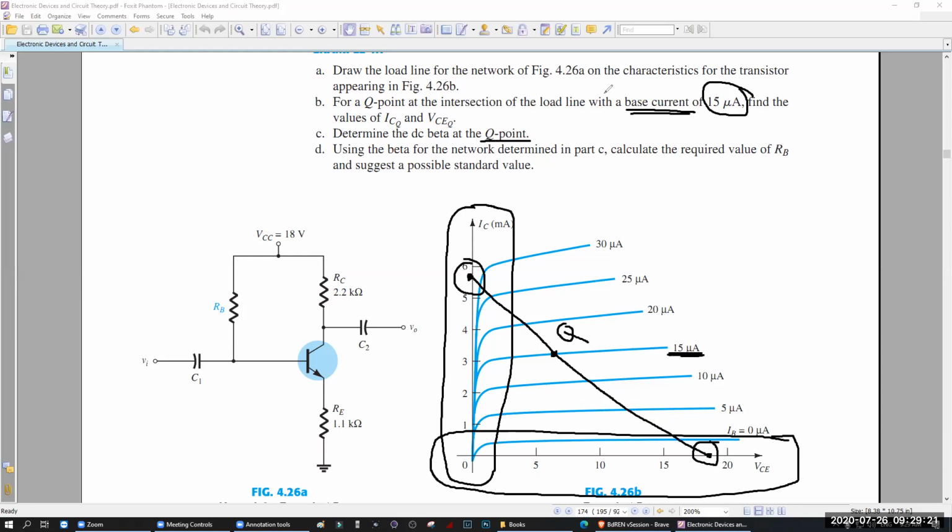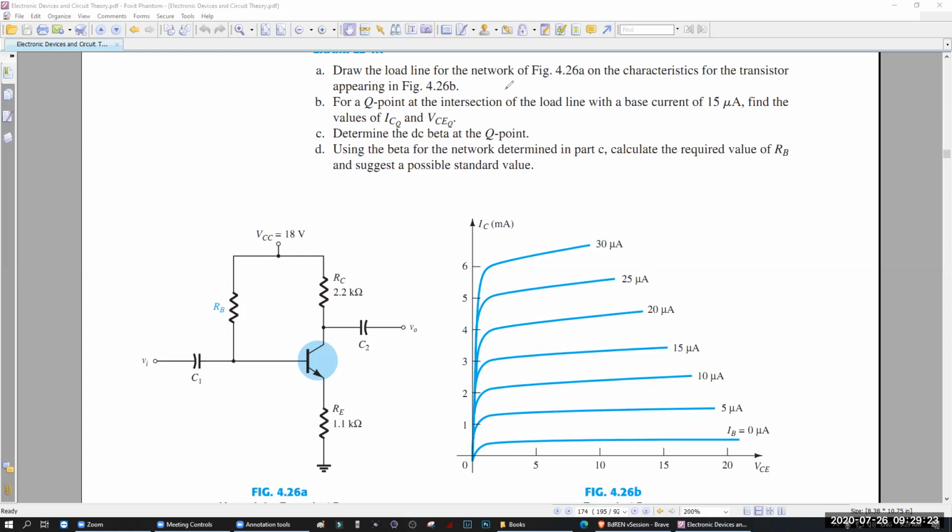Okay, how to do that? Let's see. To find that, remember you have to find an equation that has an IC and VCE at the same time. What is that equation? Remember that equation is this one actually. If we apply a KVL here, that equation will have an IC and will have a VCE, right?